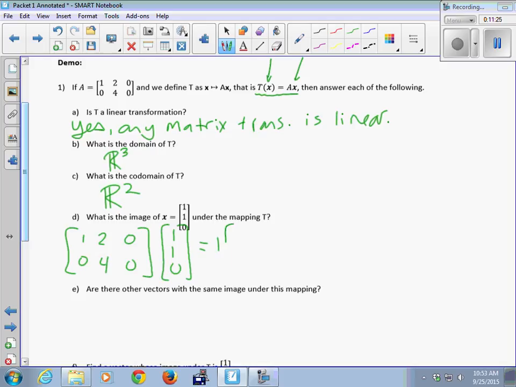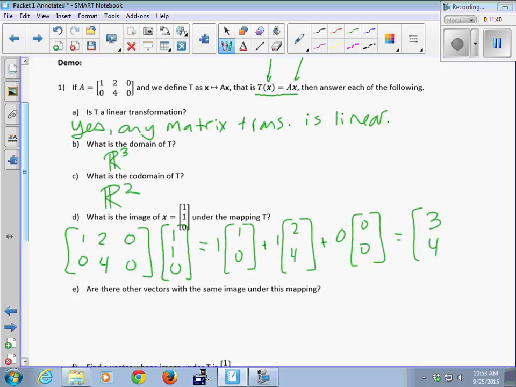So I have 1 times 1, 0, plus 1 times 2, 4, plus 0 times 0, 0. So I get 3, 4. So we say that the image of 1, 1, 0 under the mapping T is 3, 4.